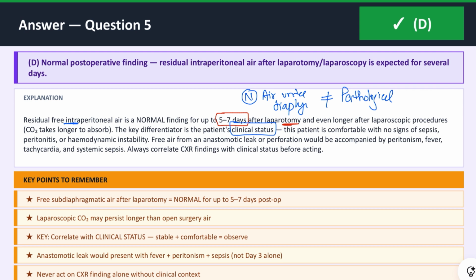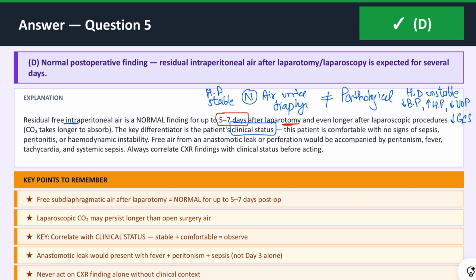For the normal air under the diaphragm, the patient will be hemodynamically stable, but for the pathological air under the diaphragm, the patient will be hemodynamically unstable. How can you establish that? The patient will have a decrease in the blood pressure, an increase in the heart rate, a decrease in the urine output, and they might present with a decrease in the GCS as well.